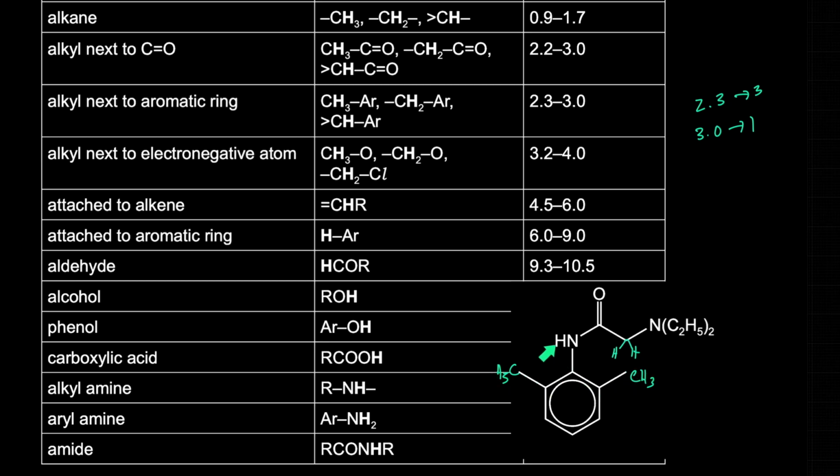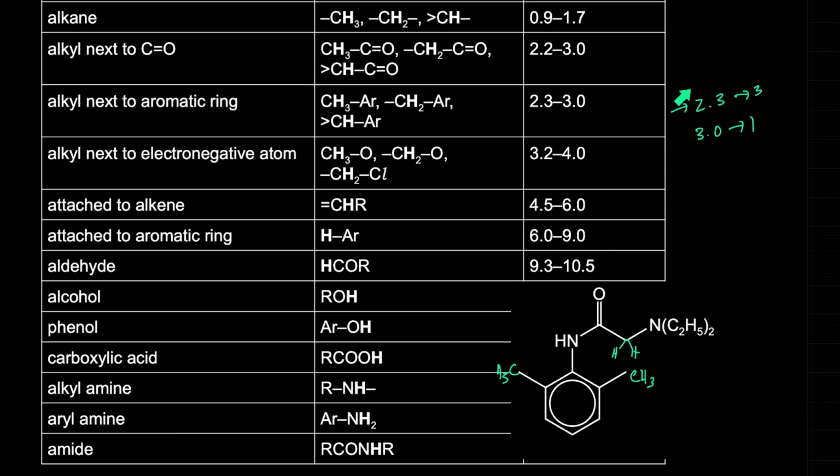So which one is bonded to the aromatic ring? It has 6 protons on the aromatic ring side, and 2 protons next to the C=O. The peak with 3 times the area must be the 6 protons.